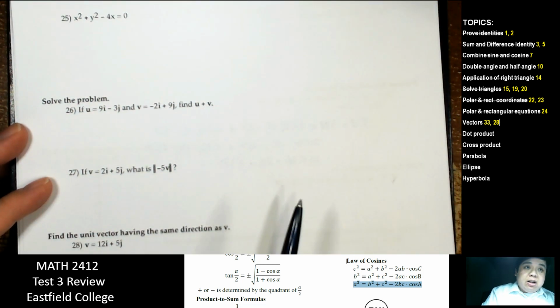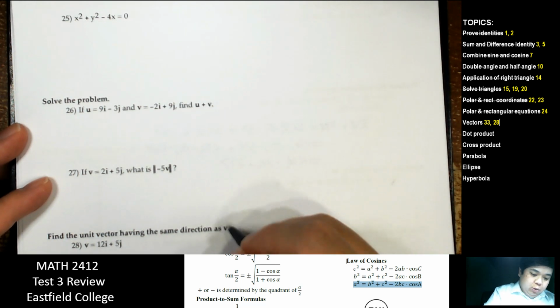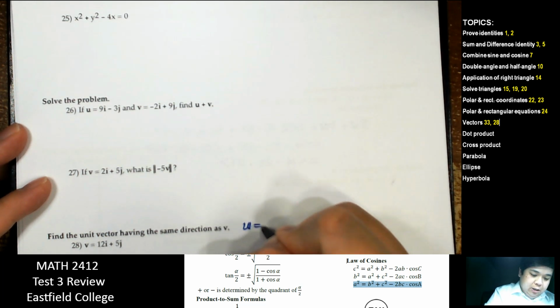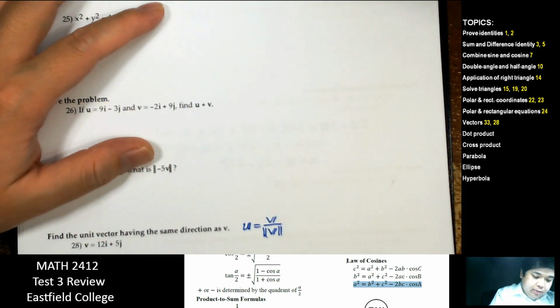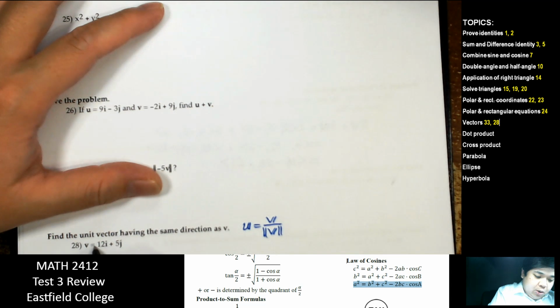So the unit vector in direction of v, so that will be that. We will take this vector here, 12 and 5, over the magnitude.